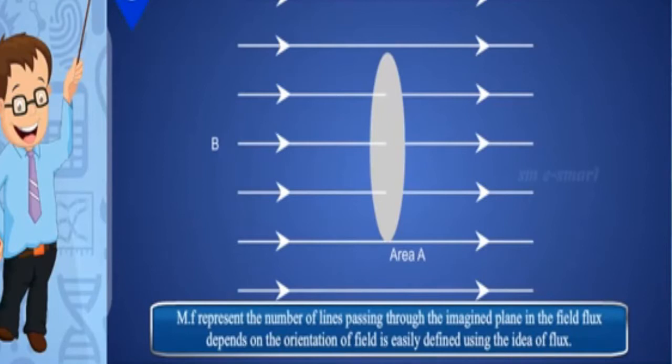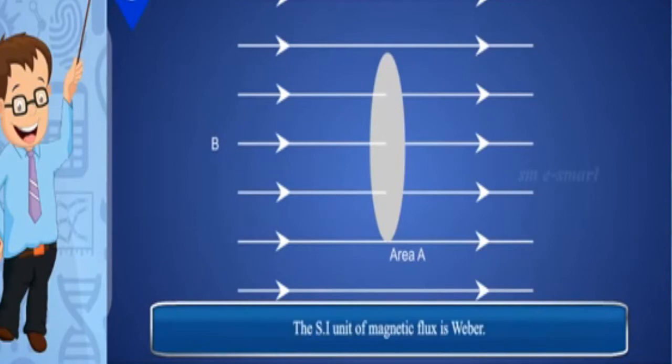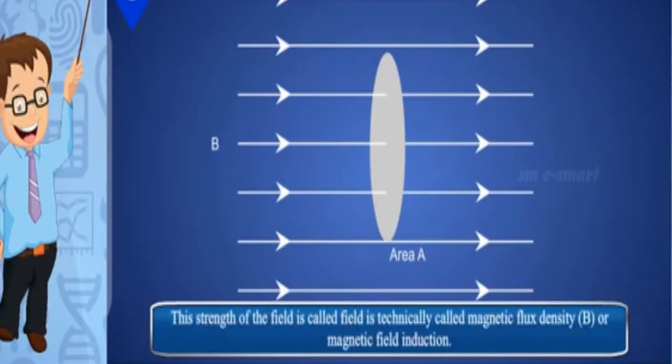Flux depends on the orientation of the field and is easily defined using the idea of flux. The SI unit of magnetic flux is Weber. The flux through this area gives the strength of the field. This strength of the field is technically called magnetic flux density or magnetic field induction.